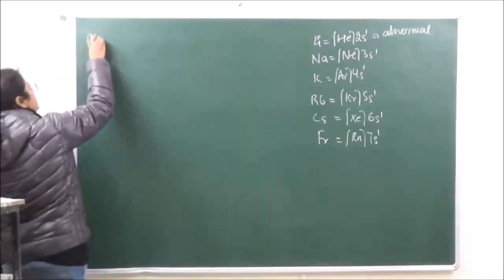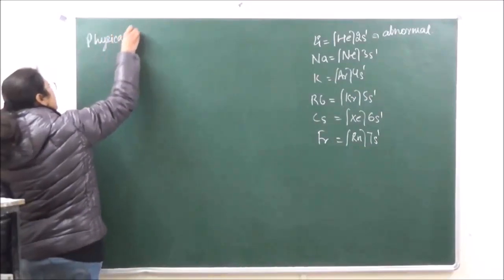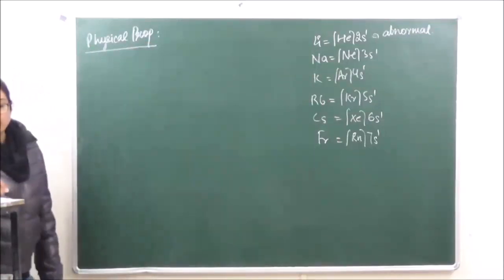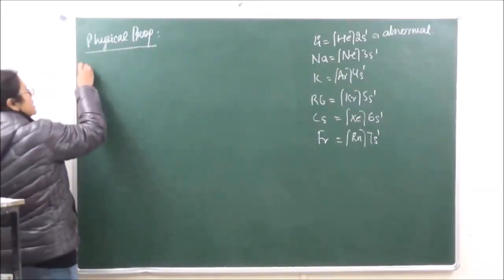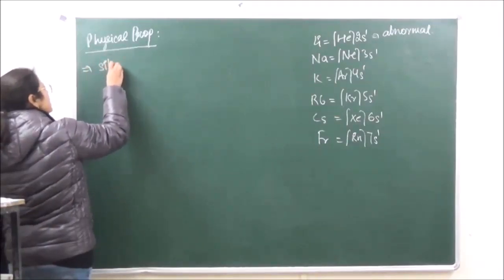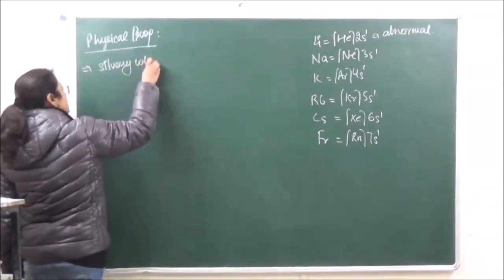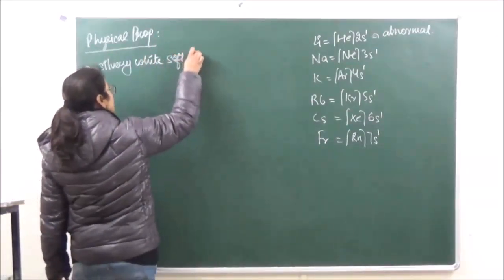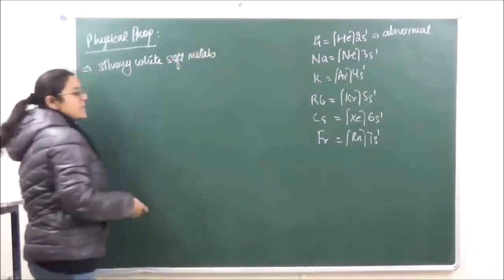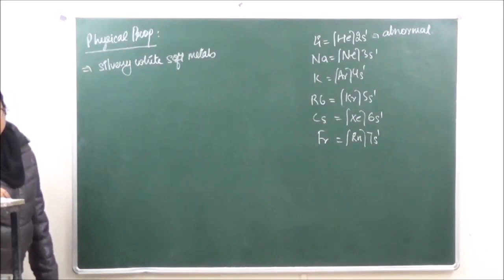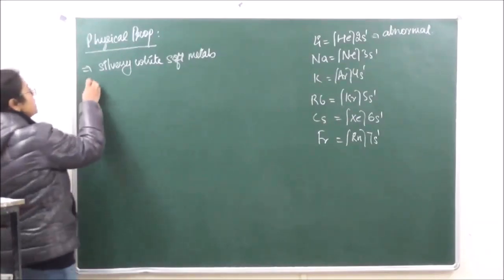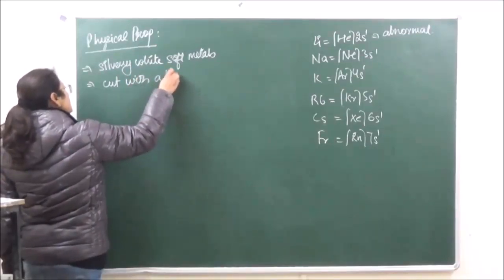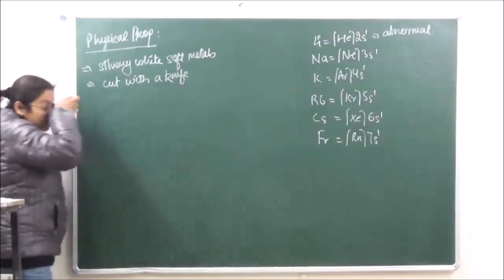When we go into the physical properties of this group, number one, all the alkali metals are silvery white soft metals. They are so soft that they can be easily cut with a knife, right?